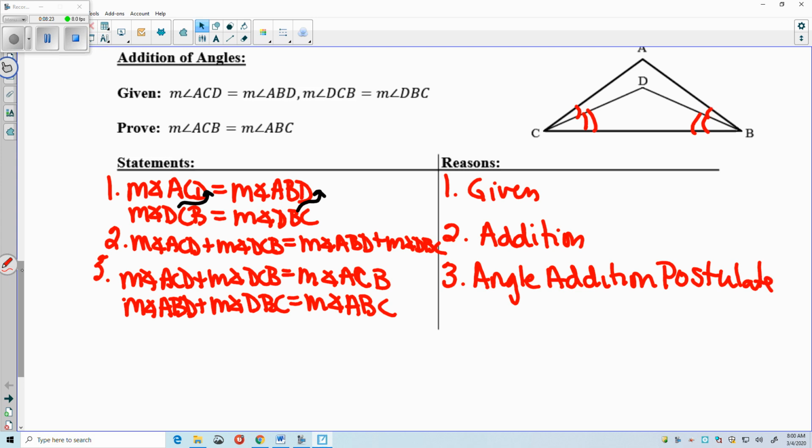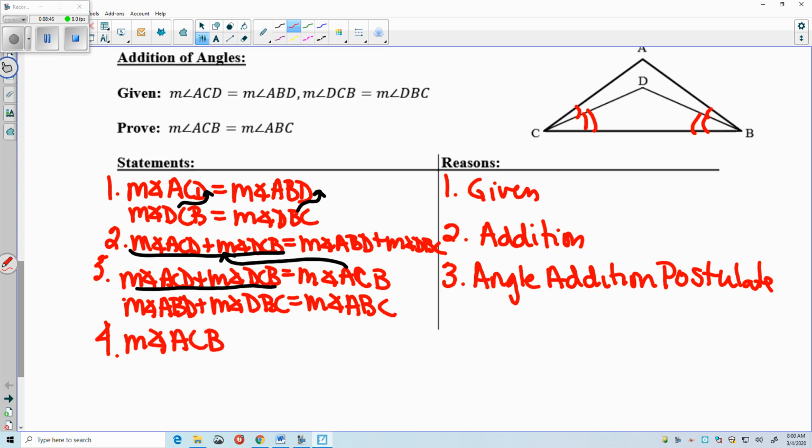Okay. So again, now we're going to use line 2 and 3, and I can see ACD plus DCB, that's the same thing down here. So what am I going to do? I'm going to substitute in what I know it's equal to when I put the two smaller parts together. So that's going to give me here in line 4, measure of angle ACB.